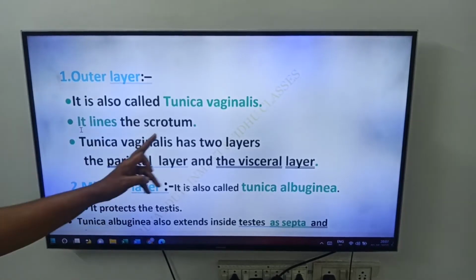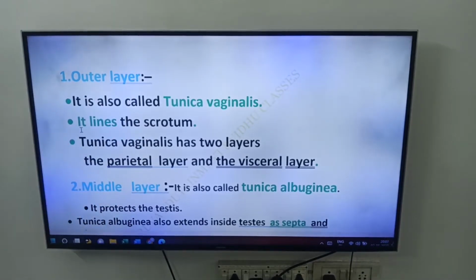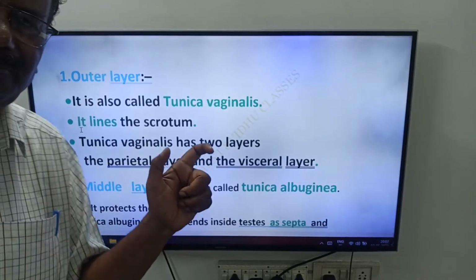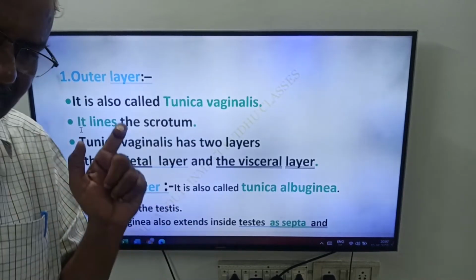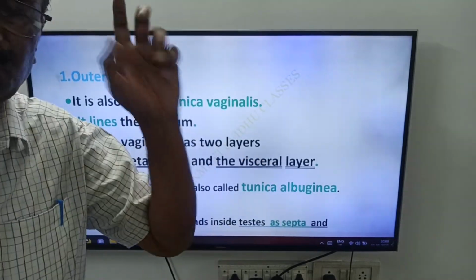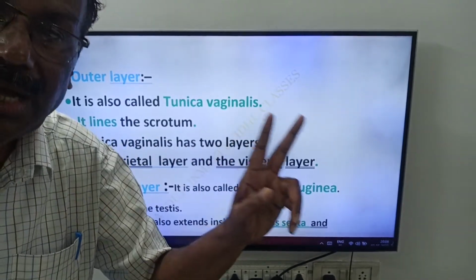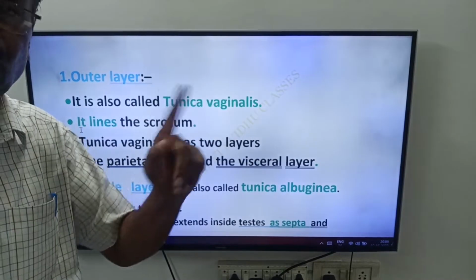It lines the scrotum. It has two layers or two parts: the parietal layer and the visceral layer. Very, very important, friends. These two are the layers of tunica vaginalis, that is the outer layer.